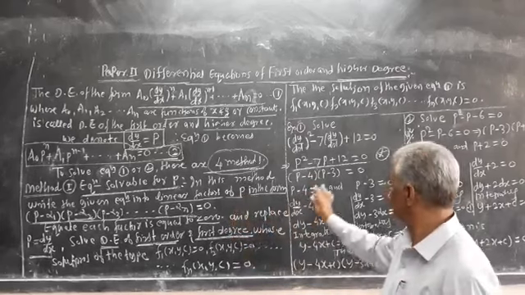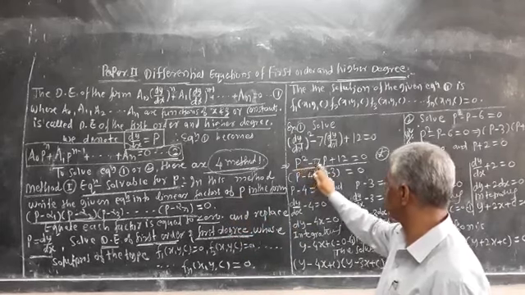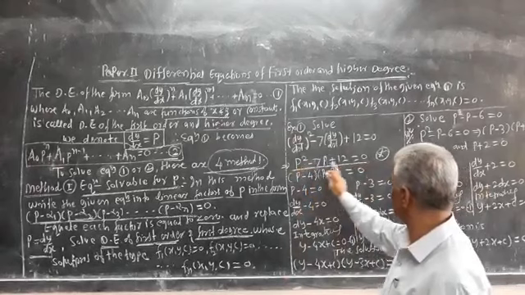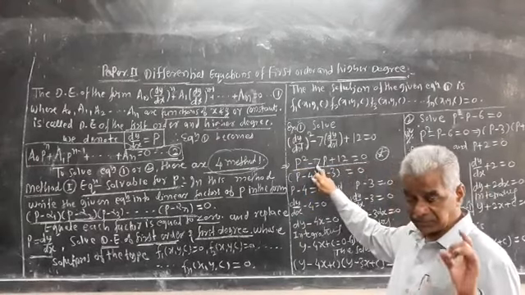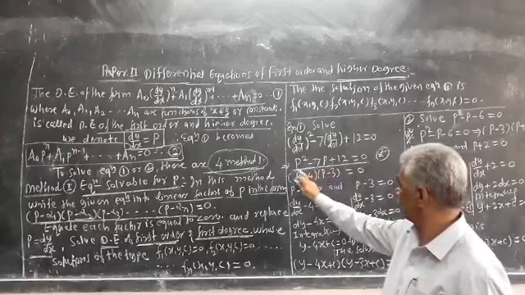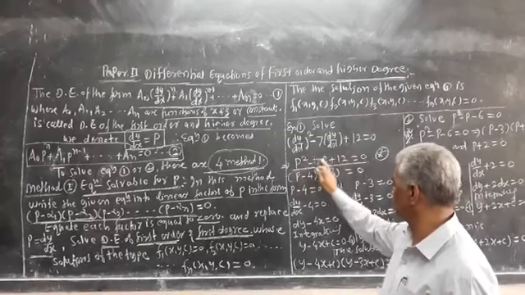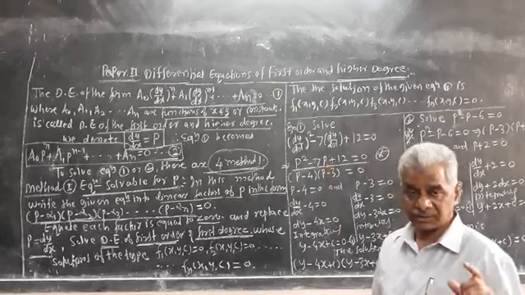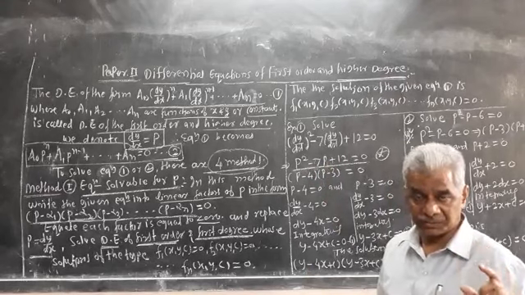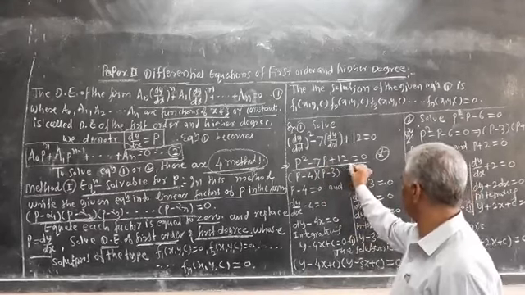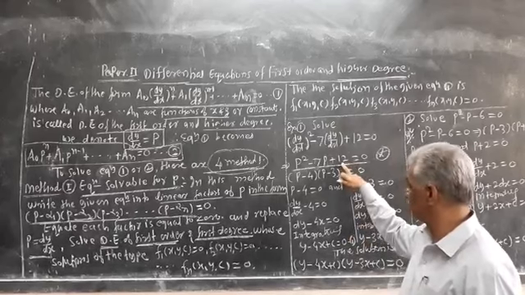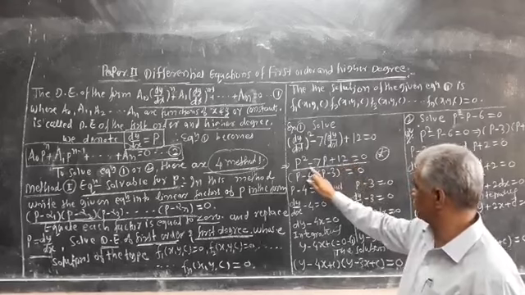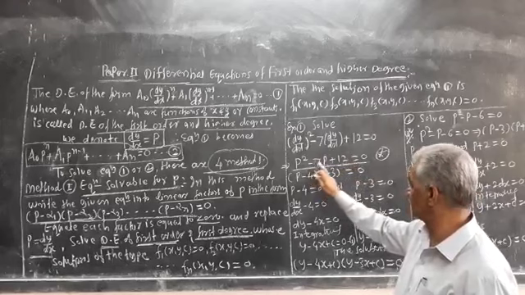You try to apply this method to p square minus 7p plus 10 is equal to 0, and check whether it is possible to write it as a product of factors in p. Since it is quadratic in p, we know how to write a quadratic equation as a product of factors. Find the two factors of 10, that is 4 and 3, but we require the total sum to be minus 7.